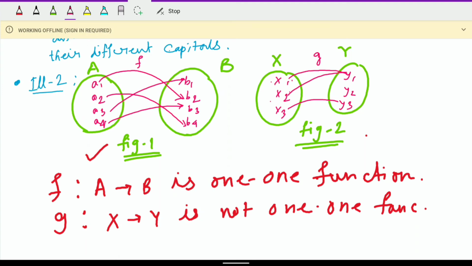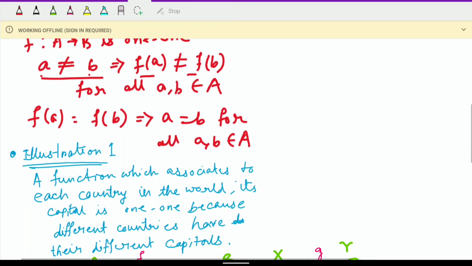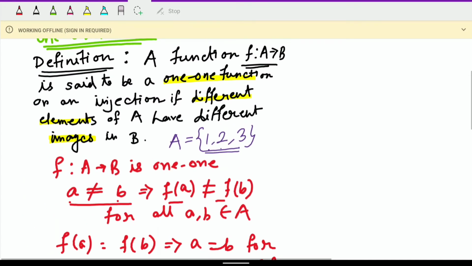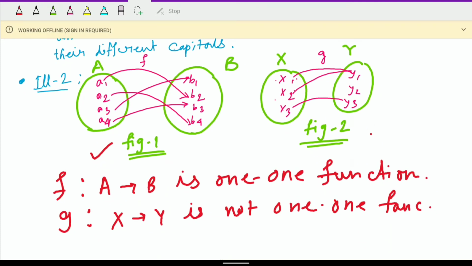but from our definition we already know that if it is a 1-1 function, it is mandatory that different elements of A have different images in B. But here two distinct elements, x1 and x2, create the same image y1 under g.